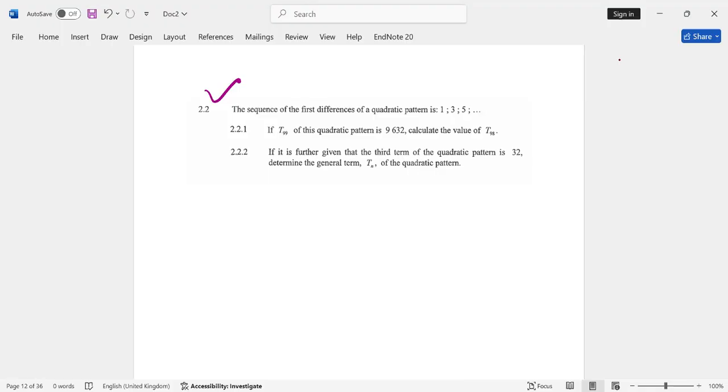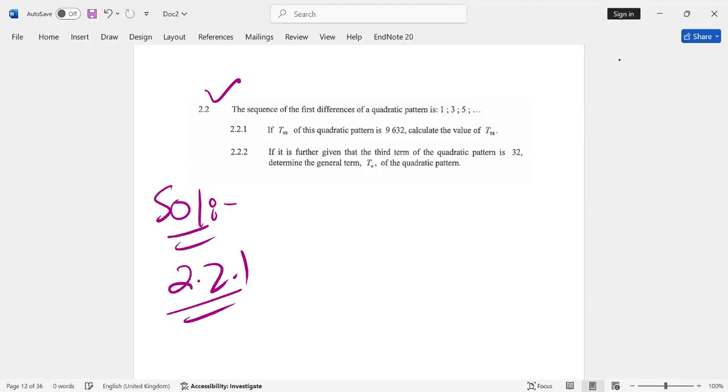So I'm solving the first, 2.2.1. The sequence of the first difference is 1, 3, 5, and so on. So we have T99 equals 9632, and we need to calculate T98.